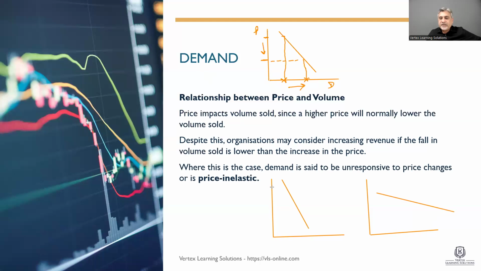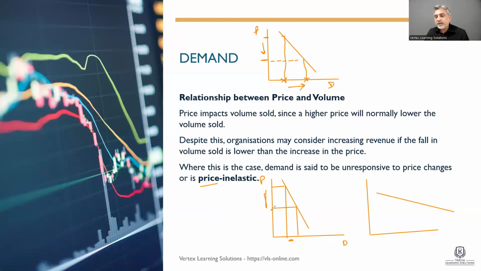So what does that mean? We can see that this is price here, this is demand here. A very big change in price, maybe increasing or decreasing, will cause a little change in the demand. This is where you say demand is relatively inelastic.